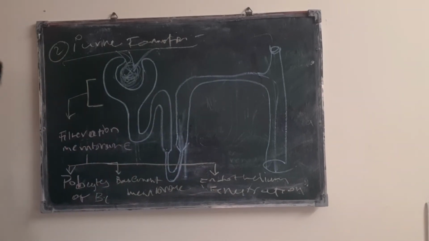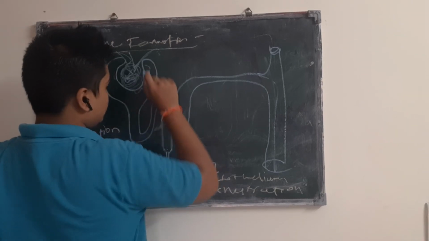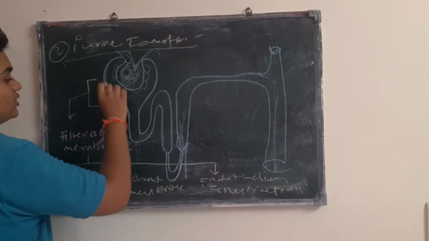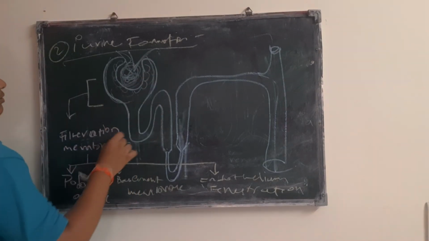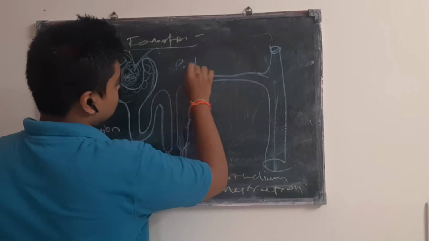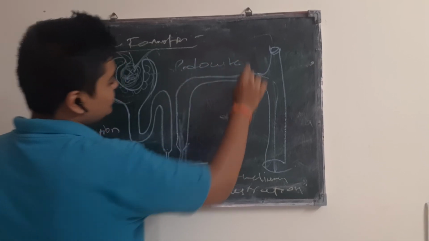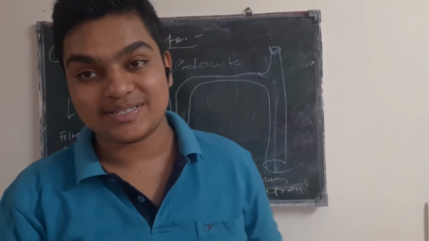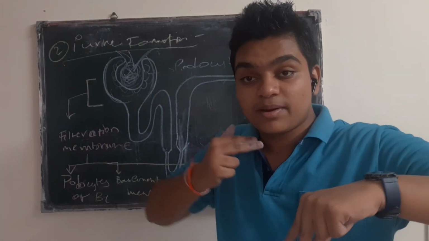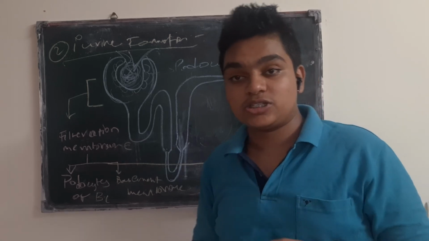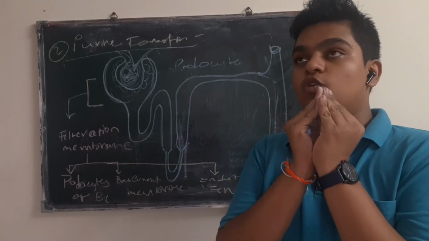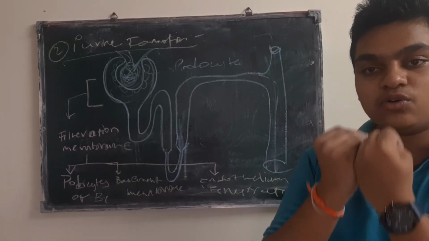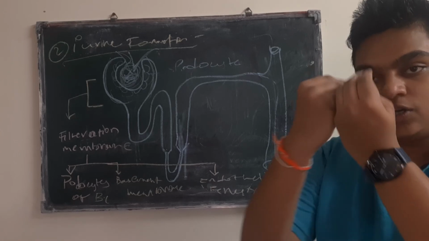Now these are your podocytes. This is the modification of simple squamous epithelium. These have small filtration slits through which the urine passes through the podocytes, next the basement membrane, next through the fenestrations. These allow only water and small molecules like glucose, amino acids, etc. to pass through.